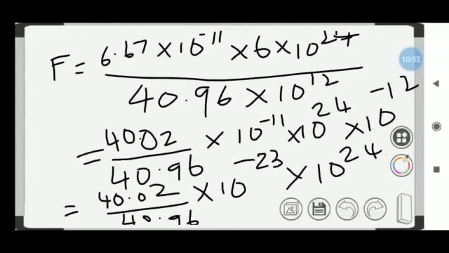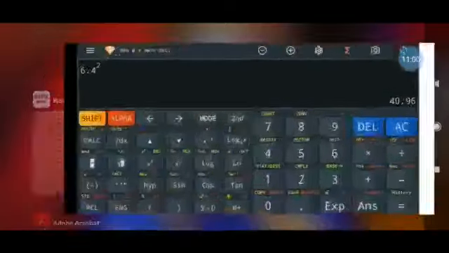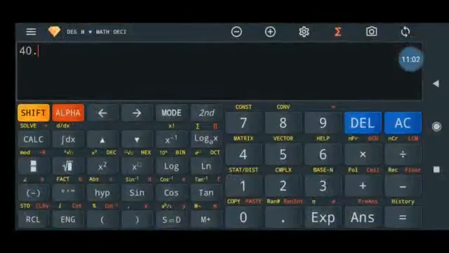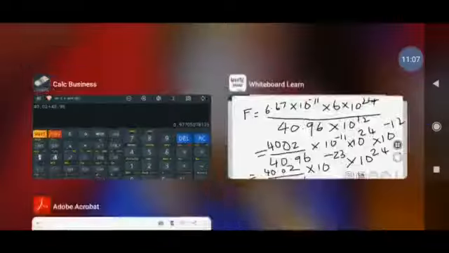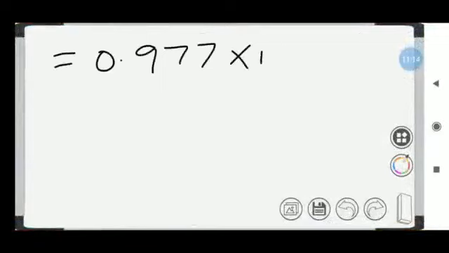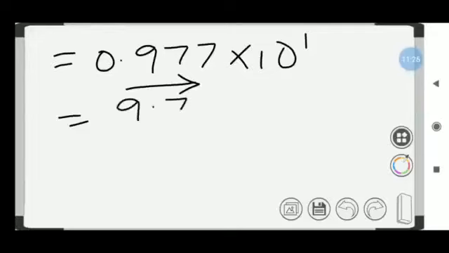So if you divide, 40.02 divided by 40.96, you'll get 0.977. Okay, so I'll write here, 0.977 into 10 to the power 1. So 10 to the power 1 if you multiply, the decimal point will move one place after, that means 9.77.